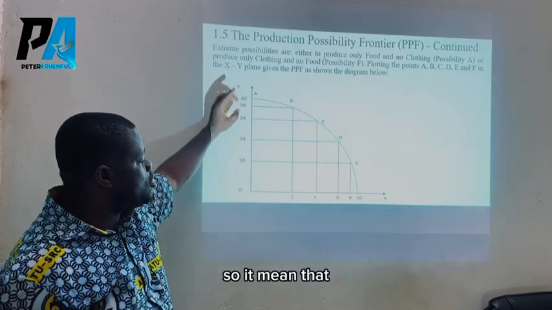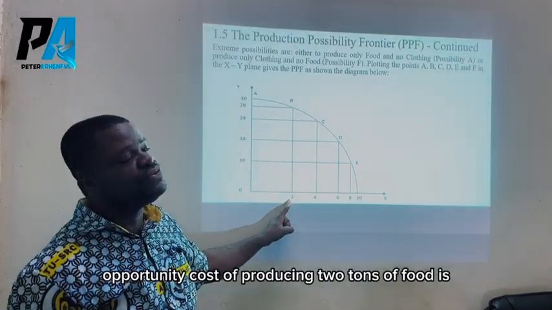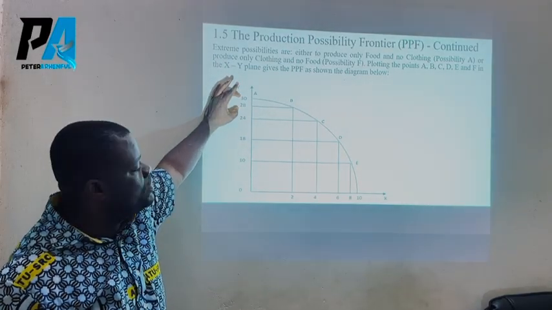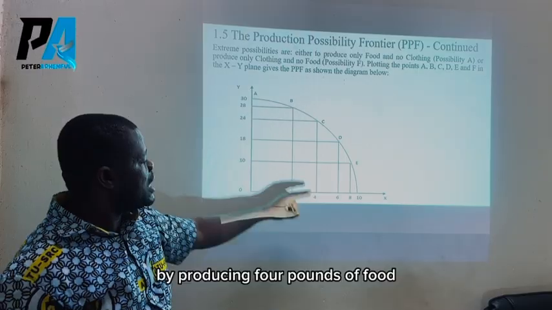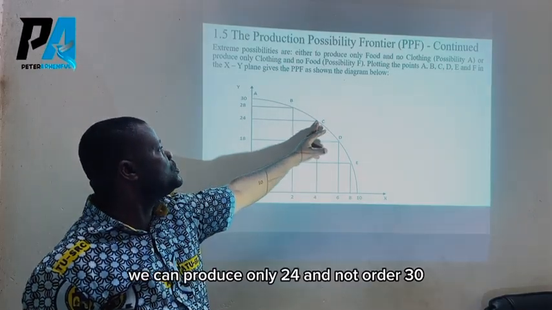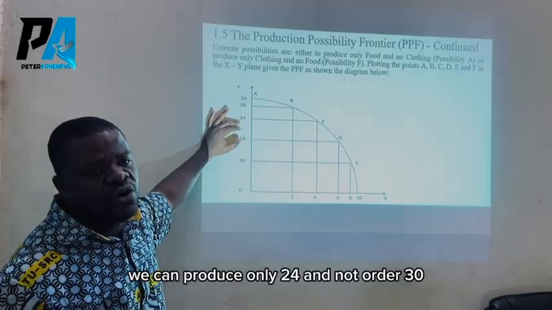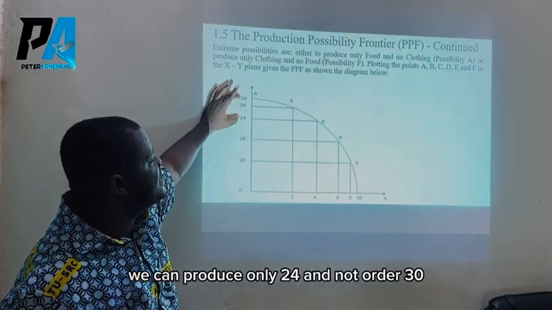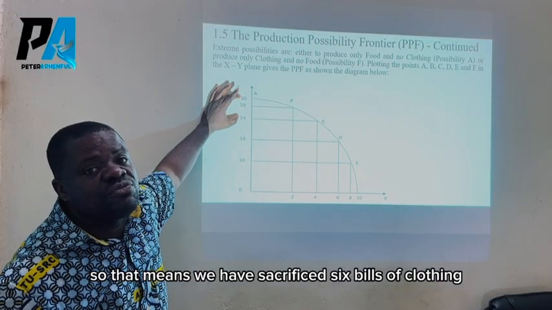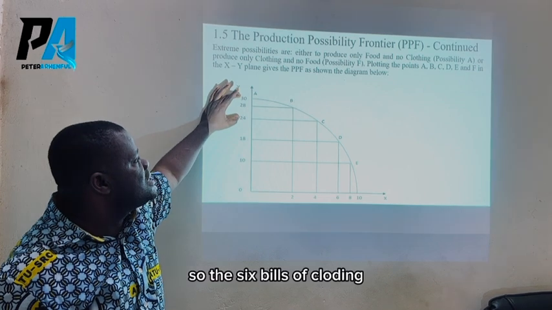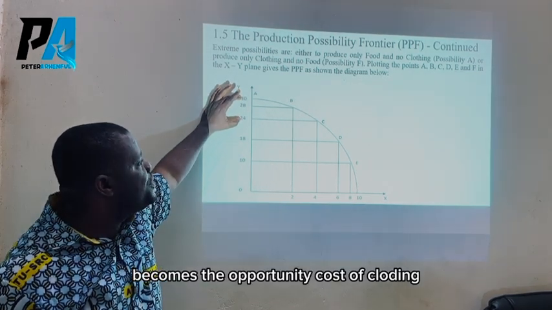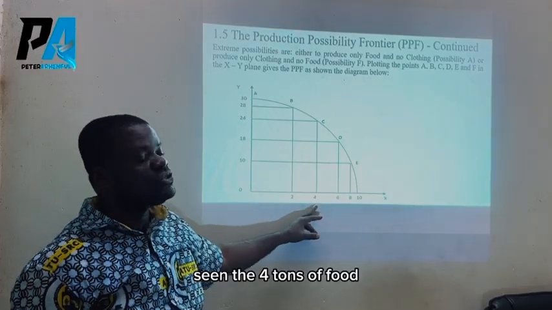So it means that the opportunity cost of producing 2 tons of food is 2 bales of clothing. On the other hand, by producing 4 tons of food, we can produce only 24 and not all the 30. So that means we have sacrificed 6 bales of clothing. So the 6 bales of clothing becomes the opportunity cost of producing the 4 tons of food.